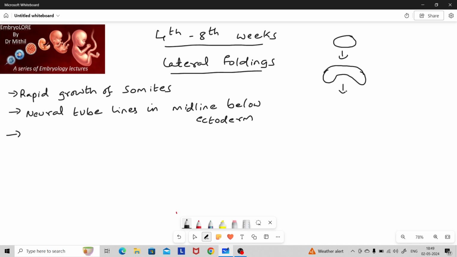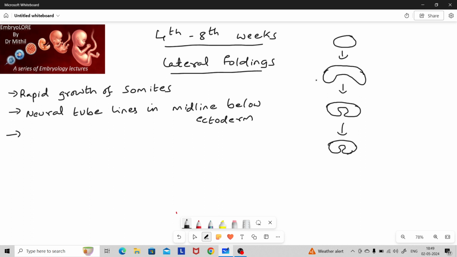Okay. In the next stage, these folds are coming nearer to each other like this. And now in the next stage the folds are fusing to form the anterior abdominal wall. So the lateral folds move medially.